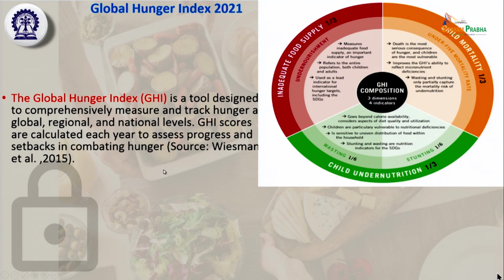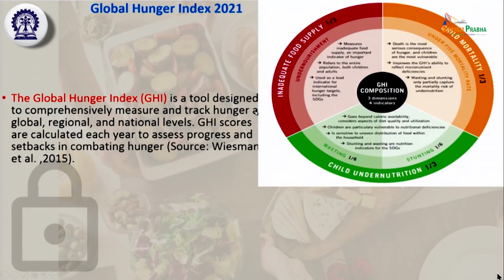It is calculated every year to assess the progress and setbacks in combating hunger, the gaps in policy, and where the difficulties lie. It is used to assess the levels of hunger in different states every year.